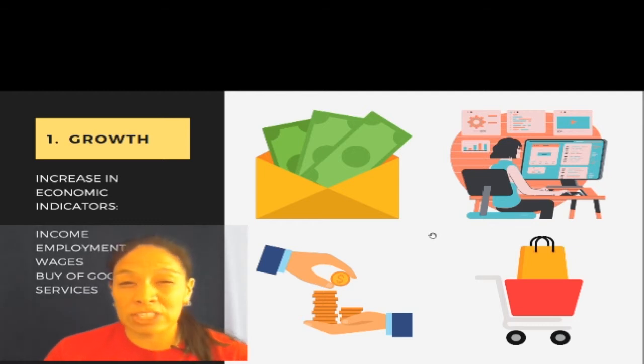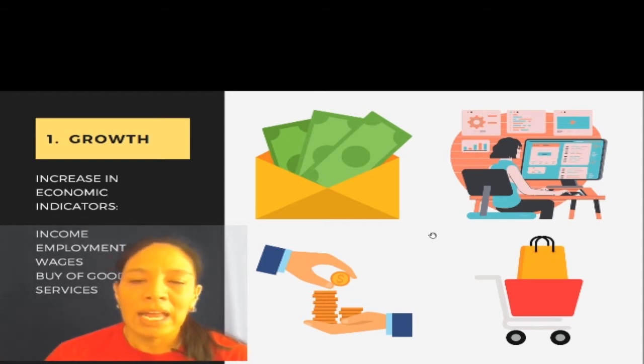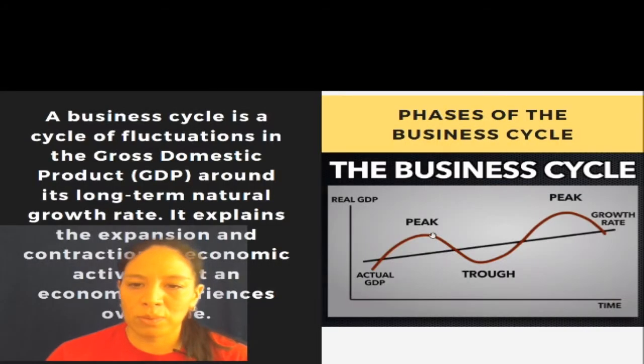When you go to college or university and you're doing research, you make sure you are finding the real GDP, not whatever other GDP, the figure GDP or the national GDP. None other GDP is as accurate as the real GDP, okay? So income, employment, wages, and the buying of goods and services are going to impact directly on the growth of the economy, okay?